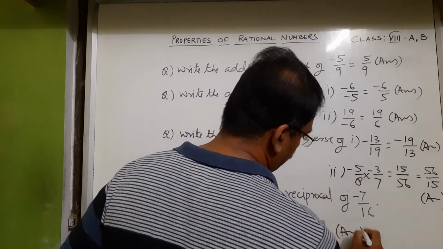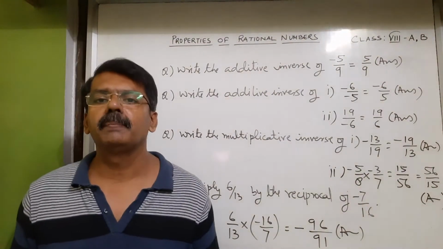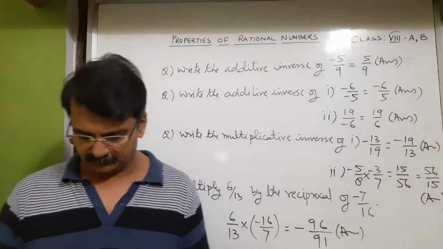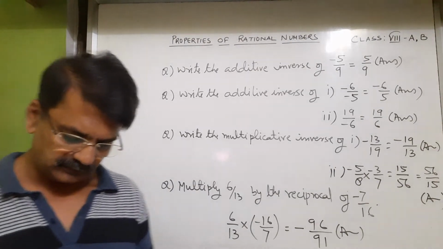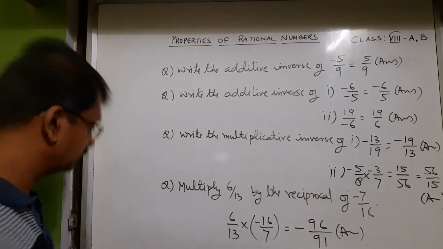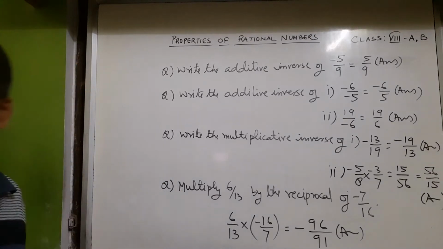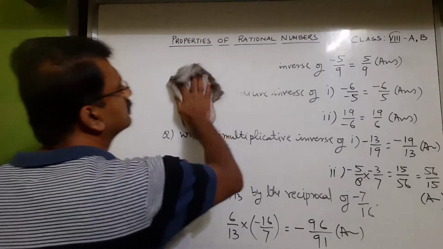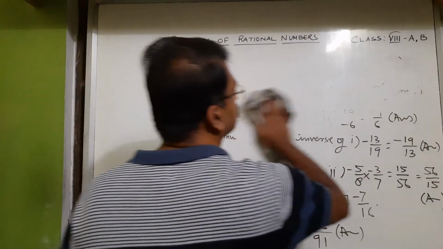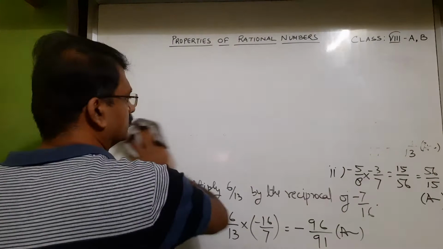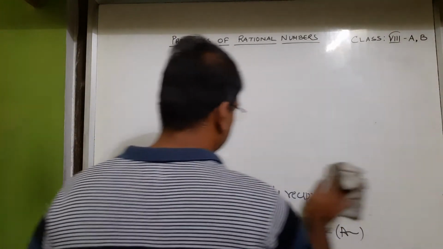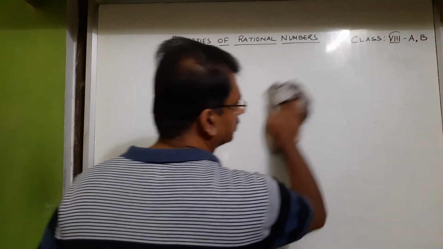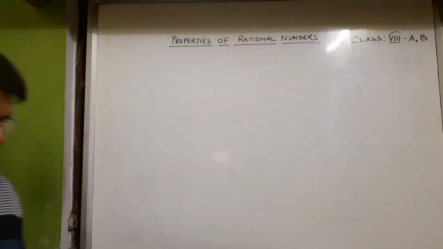So your answer is minus 96 upon 91. Clear? Next question.